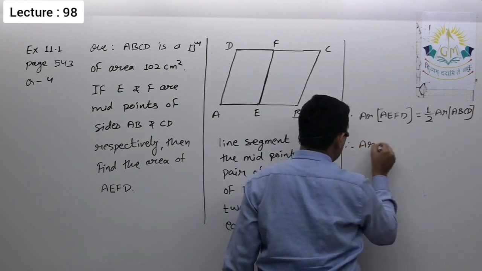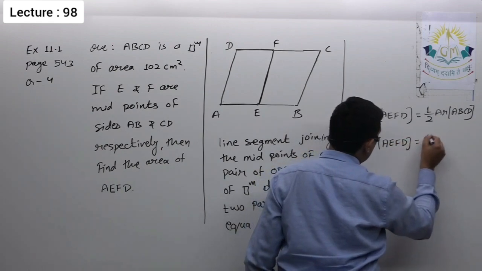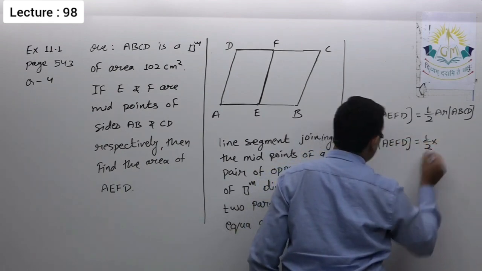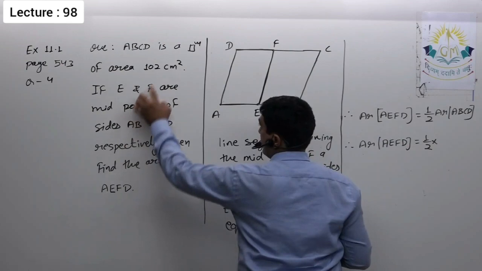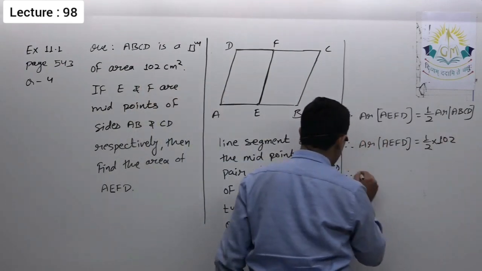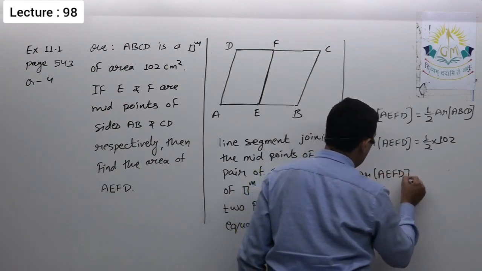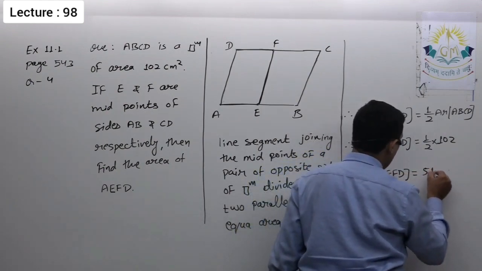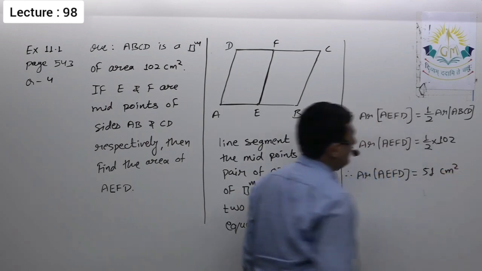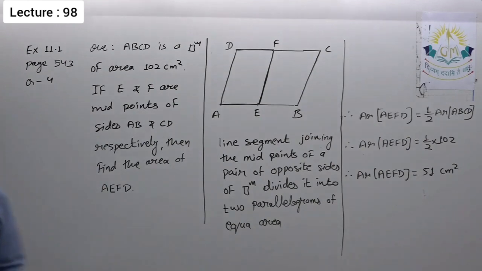Area ABCD is given as 102. So I can say area AEFD is equal to 51 centimeters square. That is the final answer. Please note it down, then we'll see the next question.